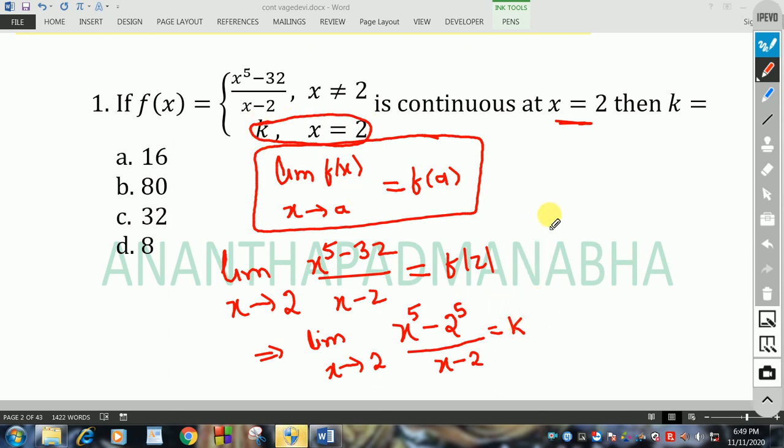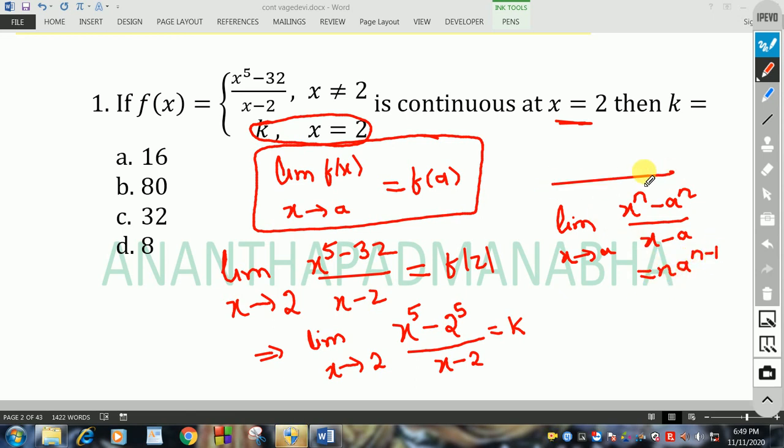So we have a formula which we have studied in the last year, that is in first PU: limit as x tends to a of x to the power of n minus a to the power of n by x minus a is equal to n a to the power of n minus 1.